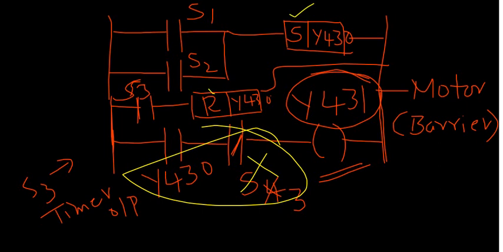So please try to see where exactly and how exactly you will deploy the reset coil in this particular example. Please write the instructions, please write the ladder diagram. This ladder diagram may be different from person to person depending upon how you pursue the situation, but the first two switches, S1 and S2, are a must.